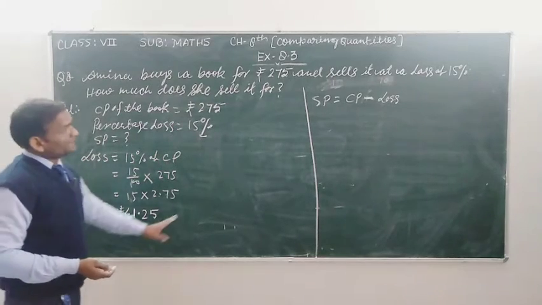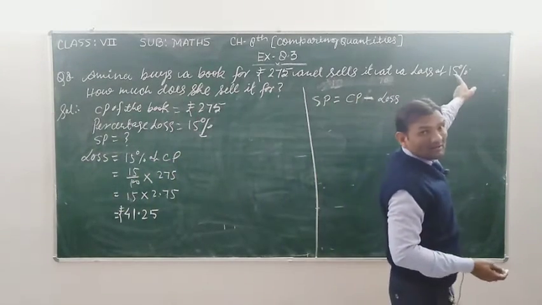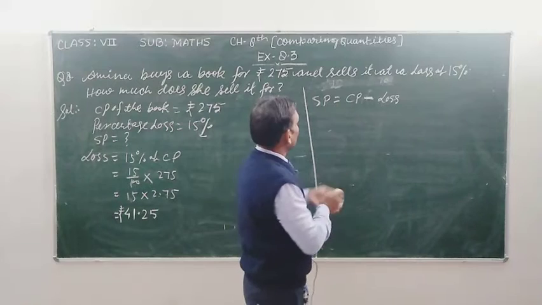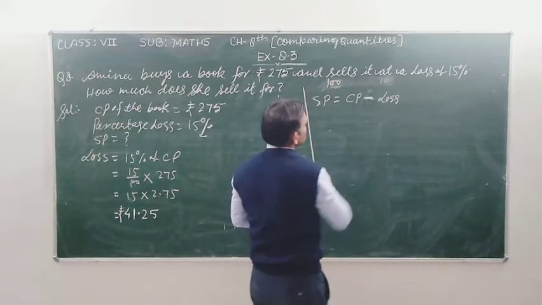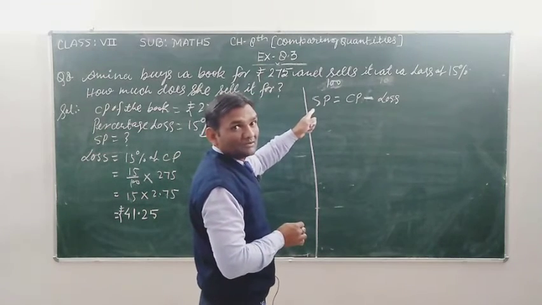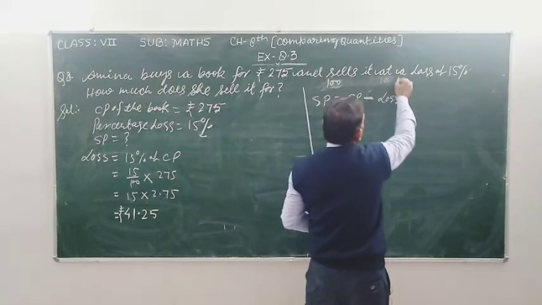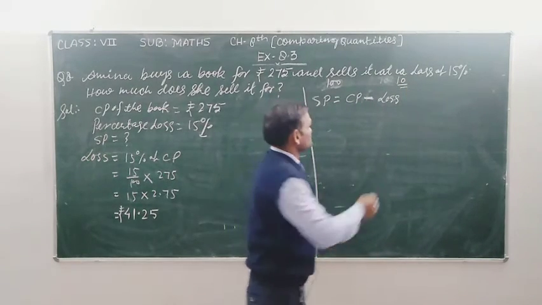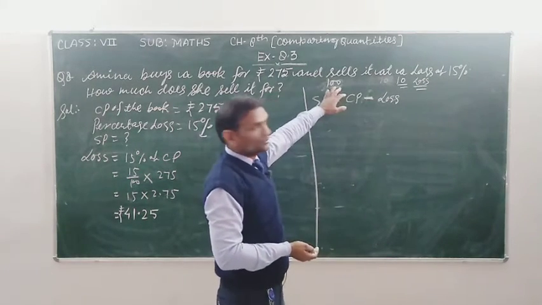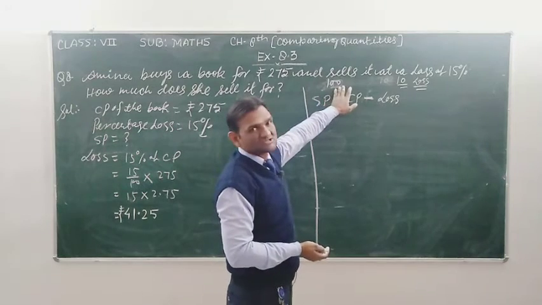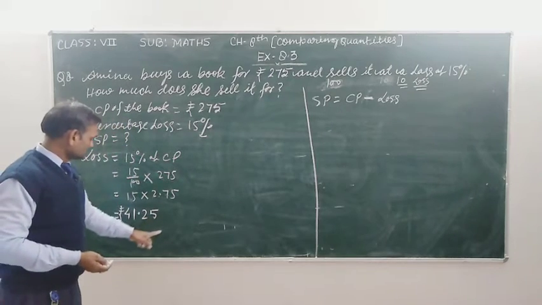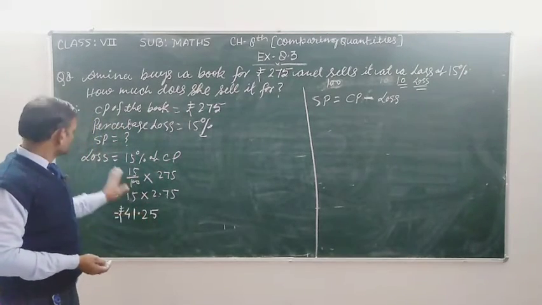Amount में आप बता दिए, and in the question loss is given in percent. So student, I want to tell you here, if a book costs 100 rupees and when the shopkeeper sells this book, he gets 10 rupees loss.